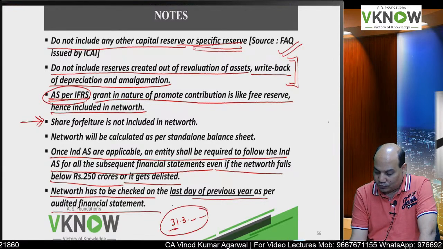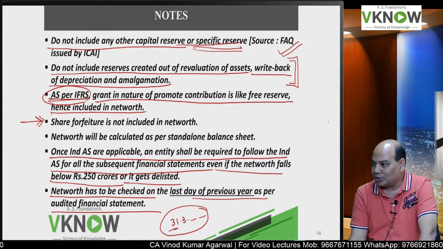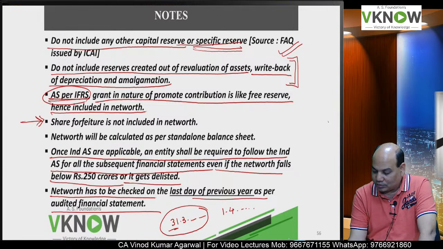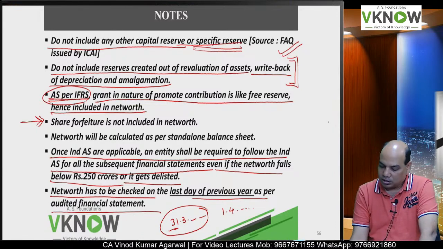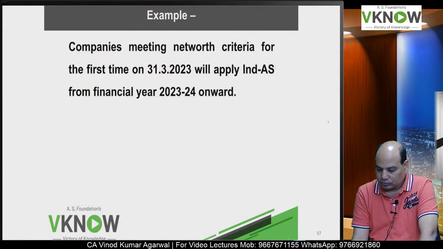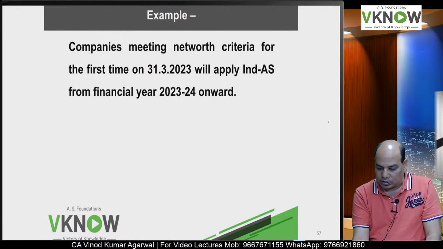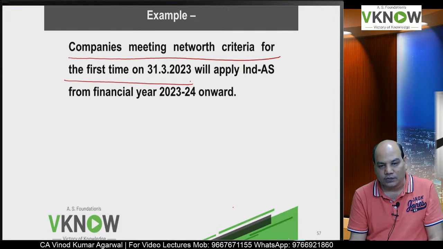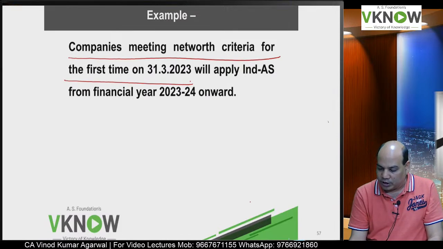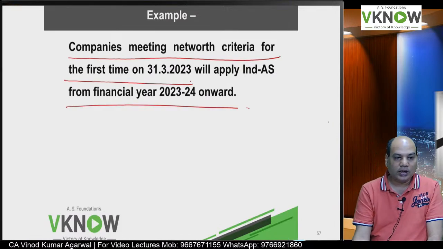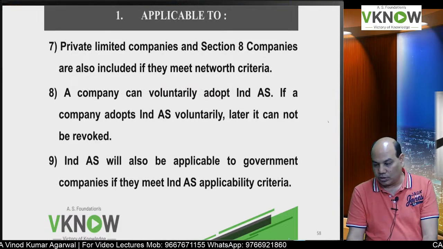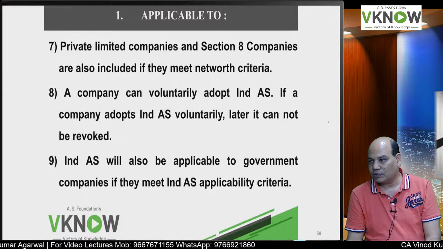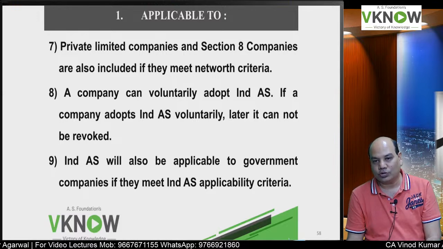And the moment you find it exceeds 250 crore or more, then immediately from the next year Ind AS will become applicable. Example: a company which meets the net worth criteria for the first time on 31st March 2023 will apply Ind AS from financial year 2023-24. Then some more questions from the institute's FAQs.